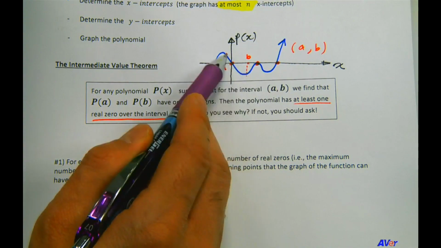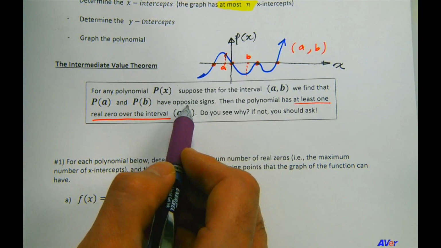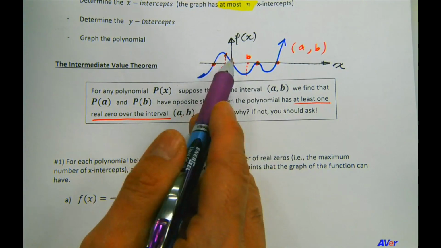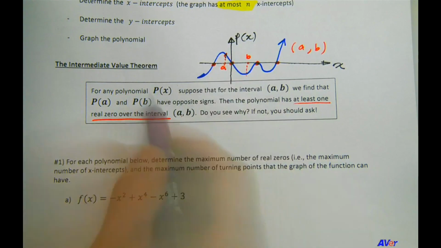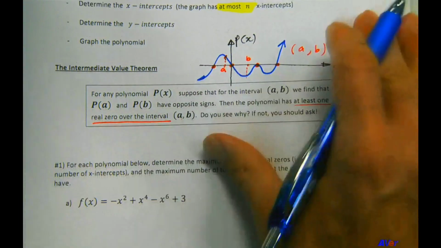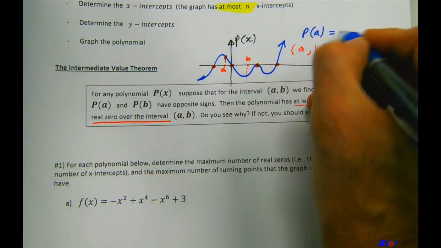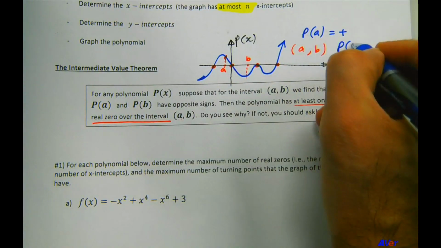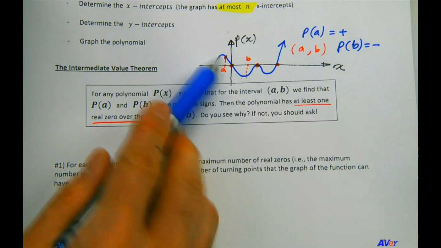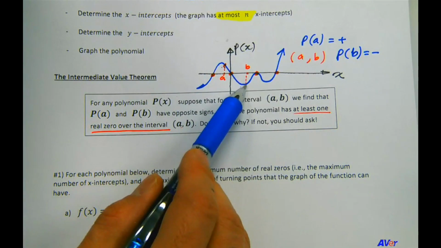This box is talking about it generally, but in this example, p of A would be positive, and p of B would be negative. Do you see why?